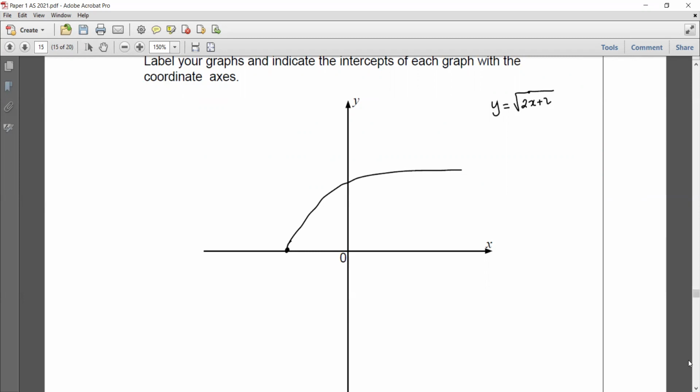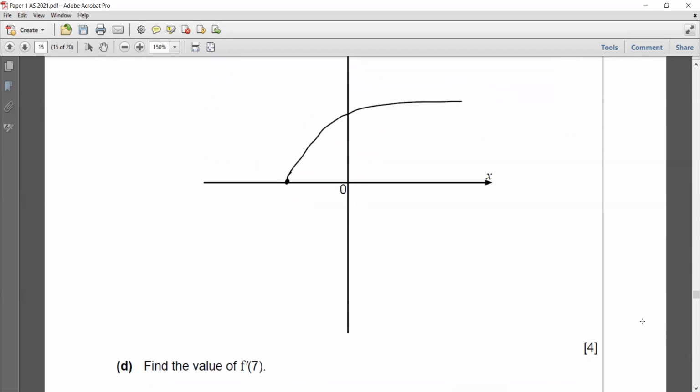So you would say the square root of 2x plus 2 is equal to 0, and then you solve. So 2x plus 2 is equal to 0. Sorry, that will give me this one, which is -1.